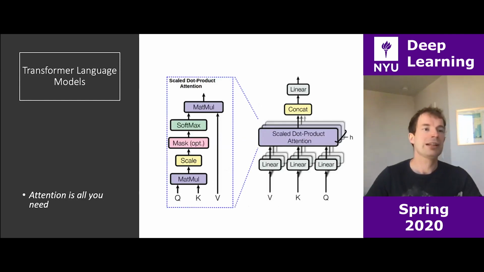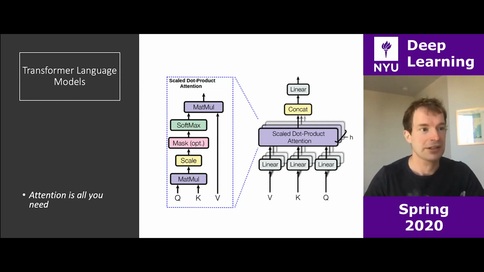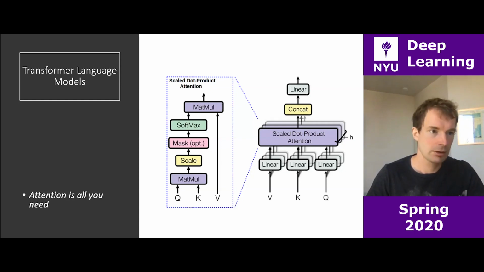Right. So drilling into this scaled dot product attention, eventually we will run out of boxes to expand. It looks something like this. So we're going to compute this query and key, do a dot product and softmax, and use this as a way to sum up the values. Don't worry if that didn't make sense. I will do more detail.